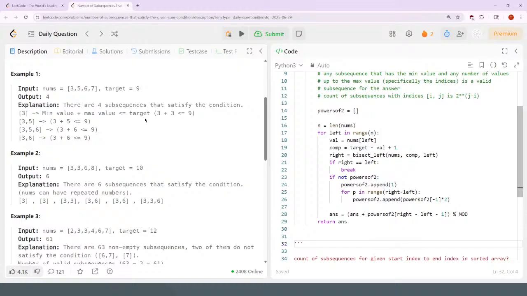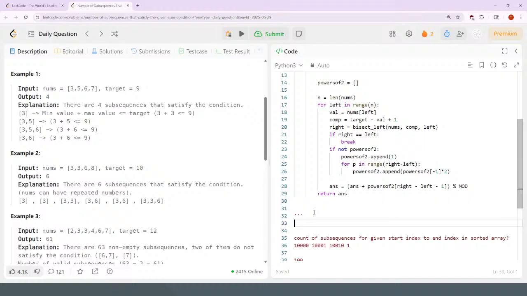So if you didn't sort and just had 4 random numbers, or 4 unordered numbers, 3, 7, 5, 6.